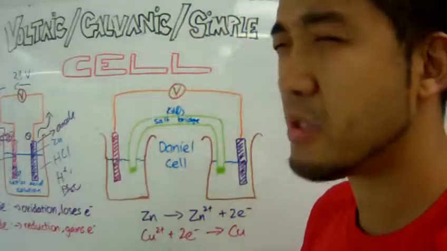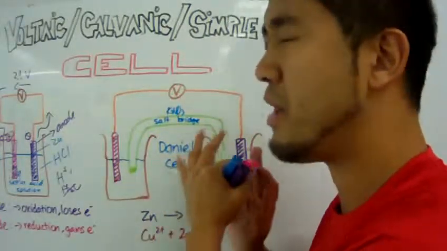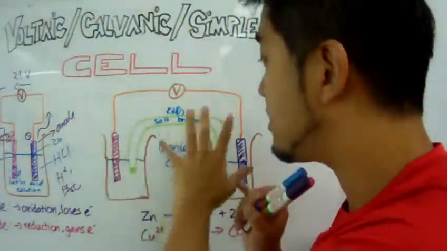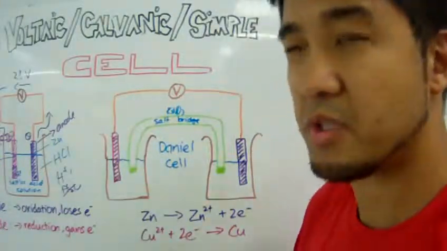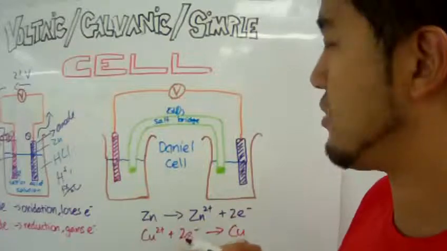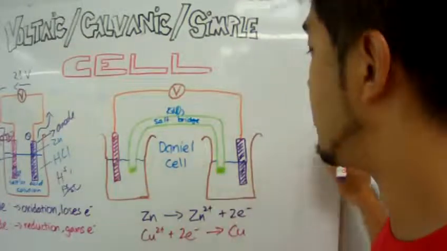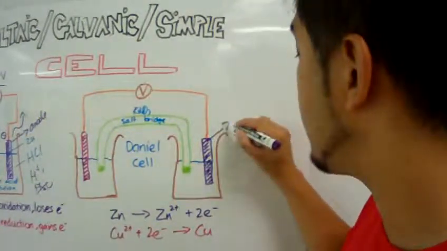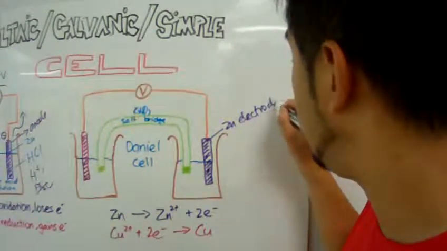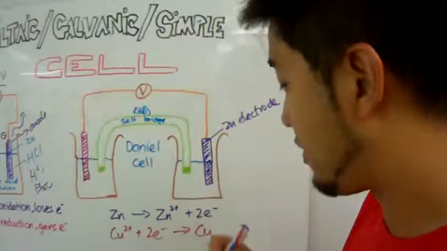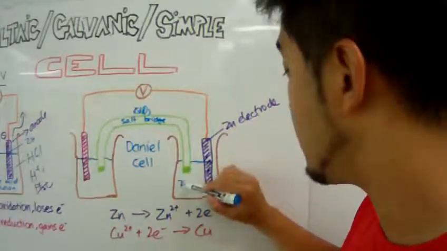I'm going to put in specific metals and label this illustration properly, because I want to use a specific example to explain this concept. I think it's a little better that way. So here I'm going to have a zinc electrode, and in the solution, a zinc solution.